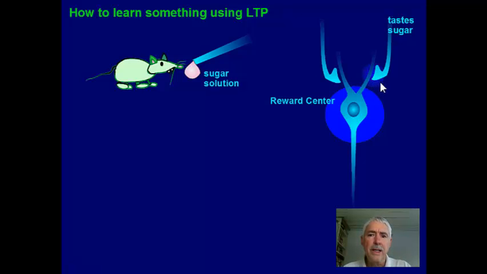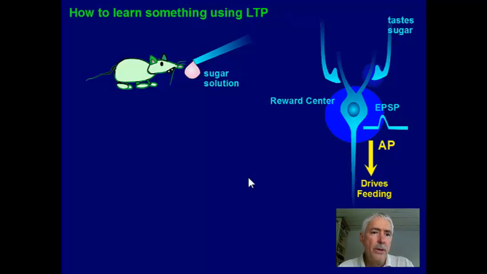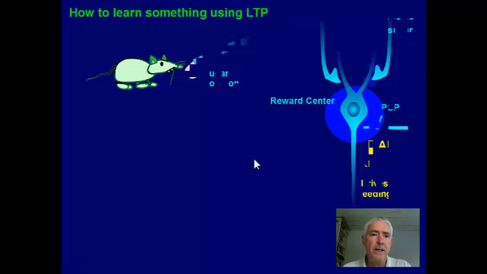And consequently, when the taste of sugar activates it, a strong synapse generates a strong excitatory postsynaptic potential in this neuron, and we get action potentials coming along the axon, and ultimately the release of neurotransmitter in other brain regions, which drives the feeding behavior. So that is basically what's going on, and this is of course essential to life, driving feeding.